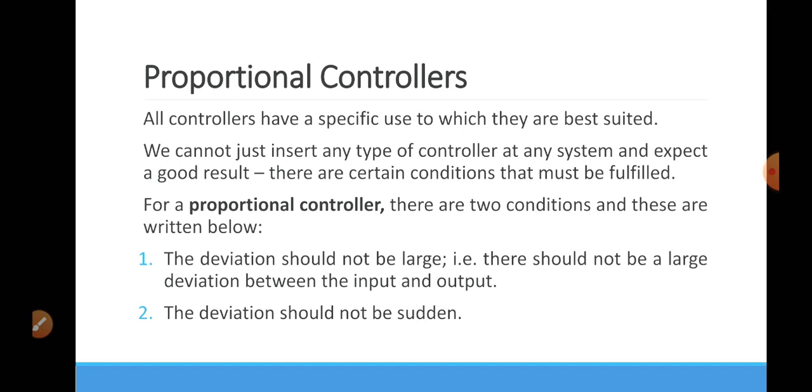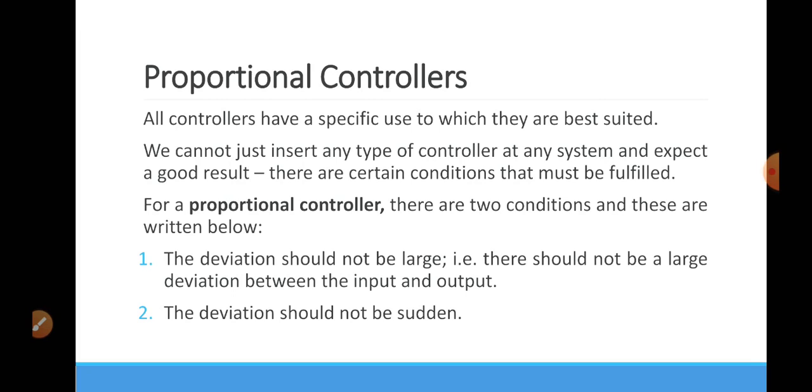All of you know what the meaning of proportion is. If I'm doubling the value of input, say I give an input of 2 units and I'm doubling it, then the proportion value is 2, because it's doubling, and therefore the output will be 2, that is your unit multiplied by the proportion 2.